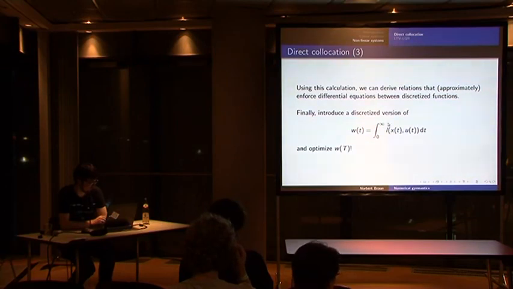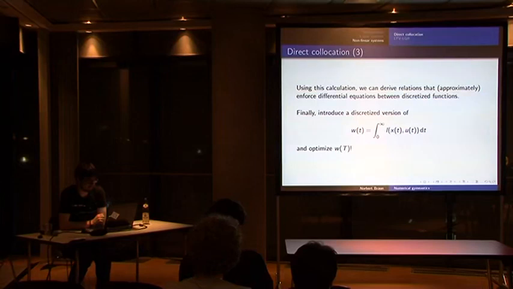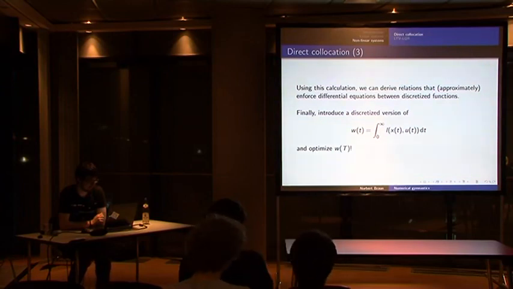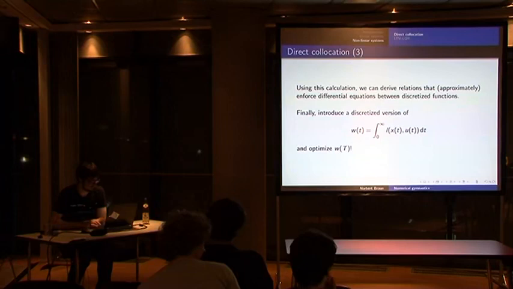Then you do the trick from the last slide, and you get some constraints for your w. And in the end, your optimization variable is very simple because you just optimize the last w_t. So the objective in your optimization problem is very simple, but you got a lot of constraints. And the nice thing is that we can solve this kind of problem relatively efficiently, and there's software to do that.